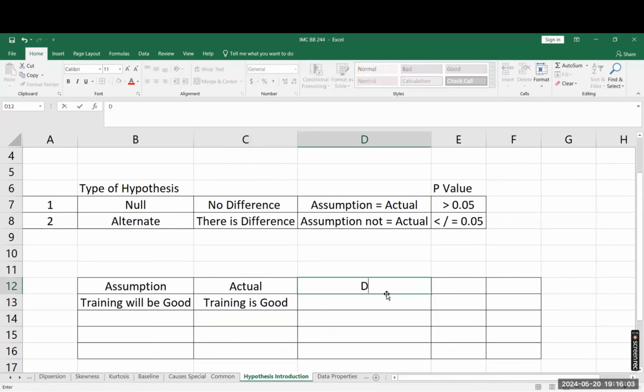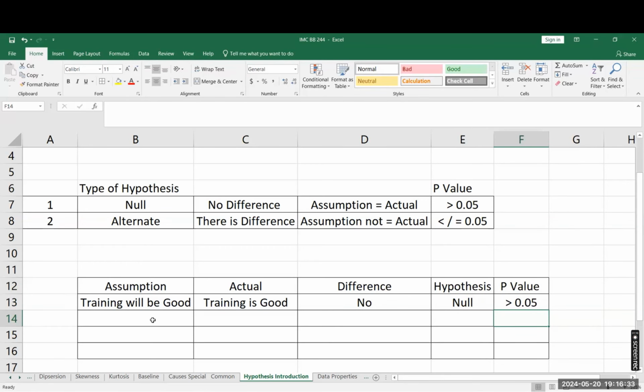So do we see any difference here? No difference. There is no difference. And when there is no difference, what kind of hypothesis is it? Null hypothesis. And the p-value of this will be how much? Greater than the risk level of 5%.